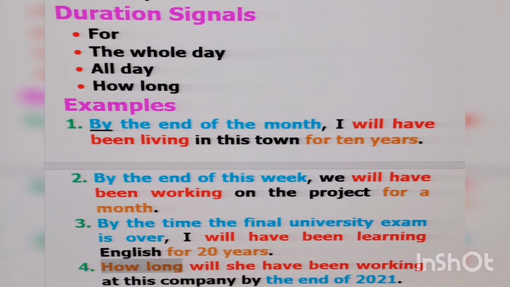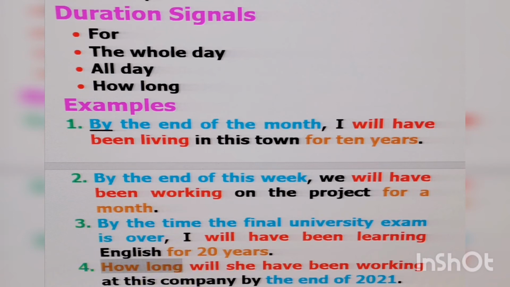Number 2, by the end of this week, we will have been working on the project for a month. The same. By the end of this week, time expression. Will have been working, this is future perfect progressive. For a month, this is the expression of duration. Number 3, by the time the final university exam is over.